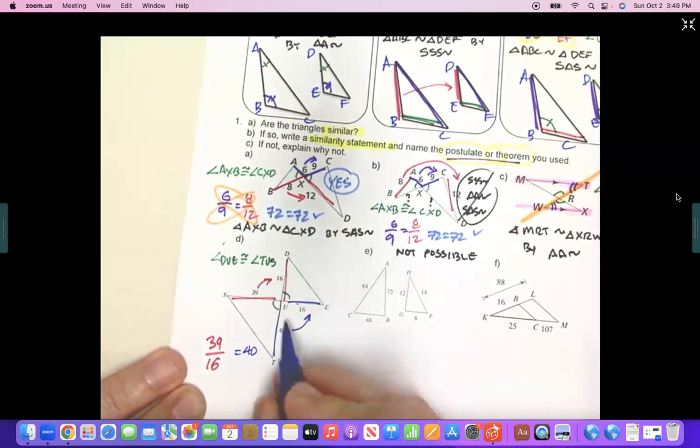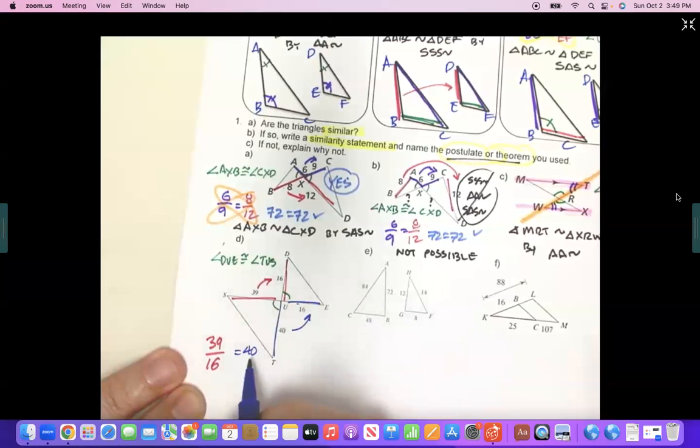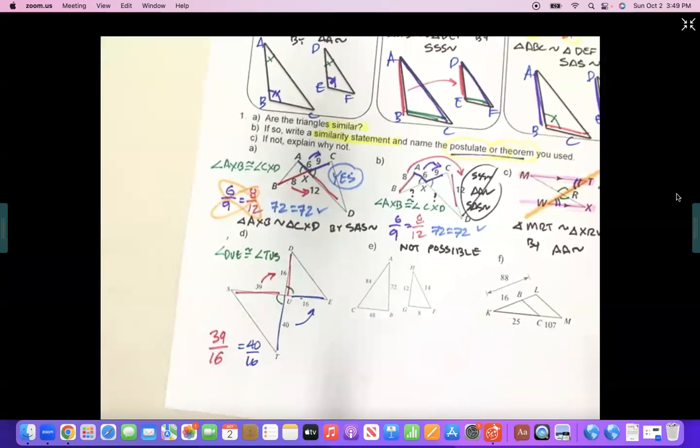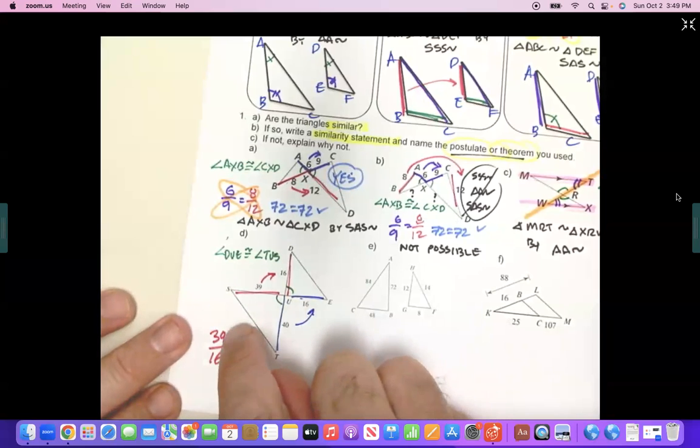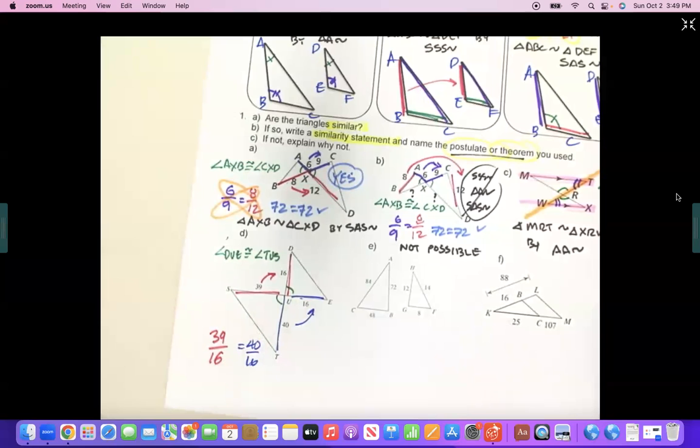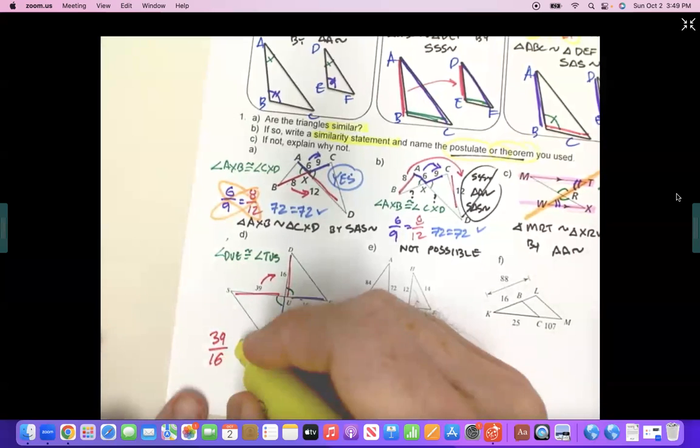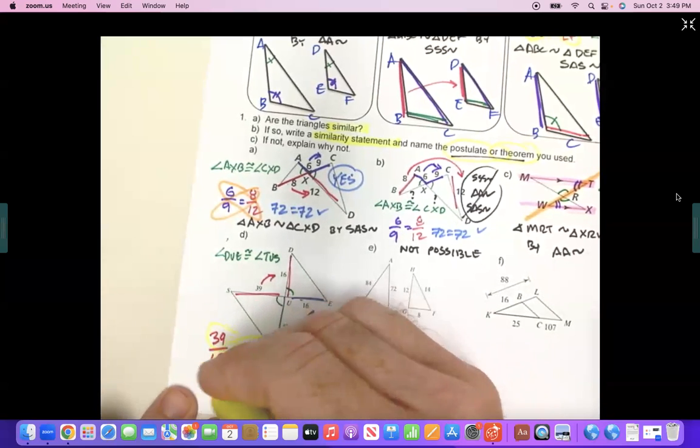I've compared the larger triangle to the smaller triangle, and I think this one's pretty obvious to see. If we take 40 and divide it by 16 and 39 divided by 16, we won't get the same number. So there's no way that these two are proportional.